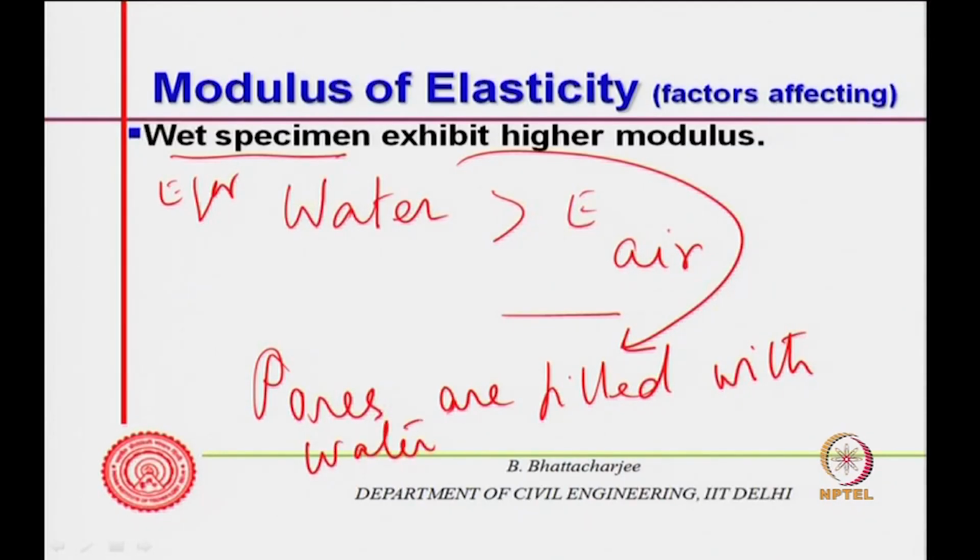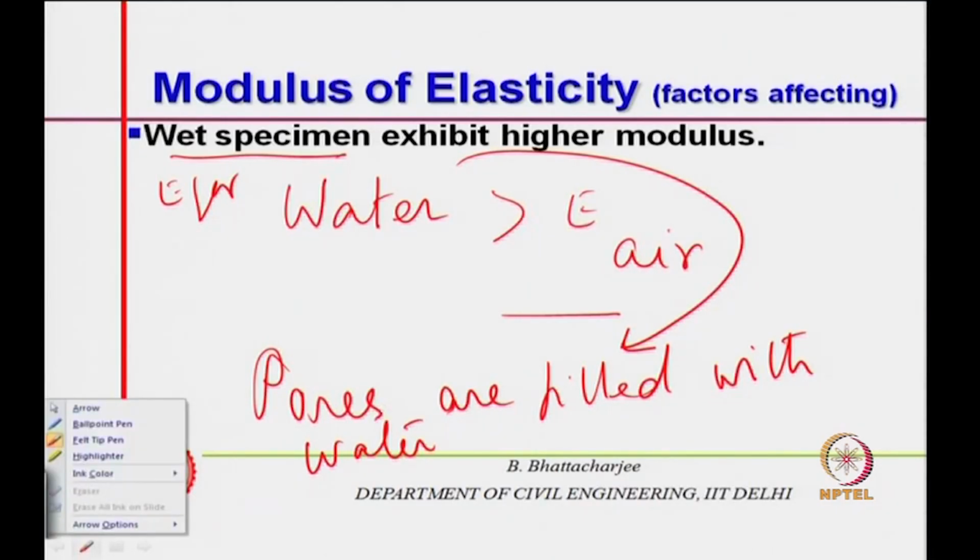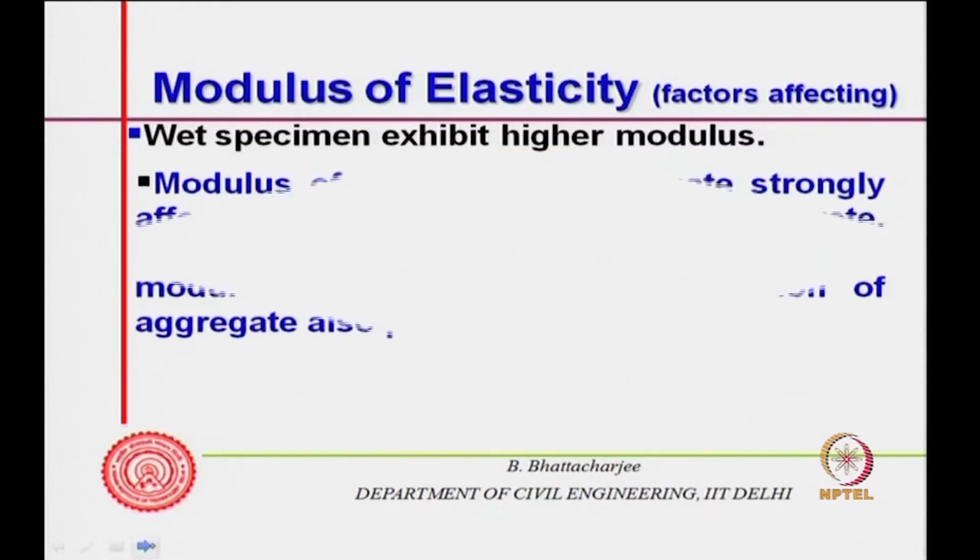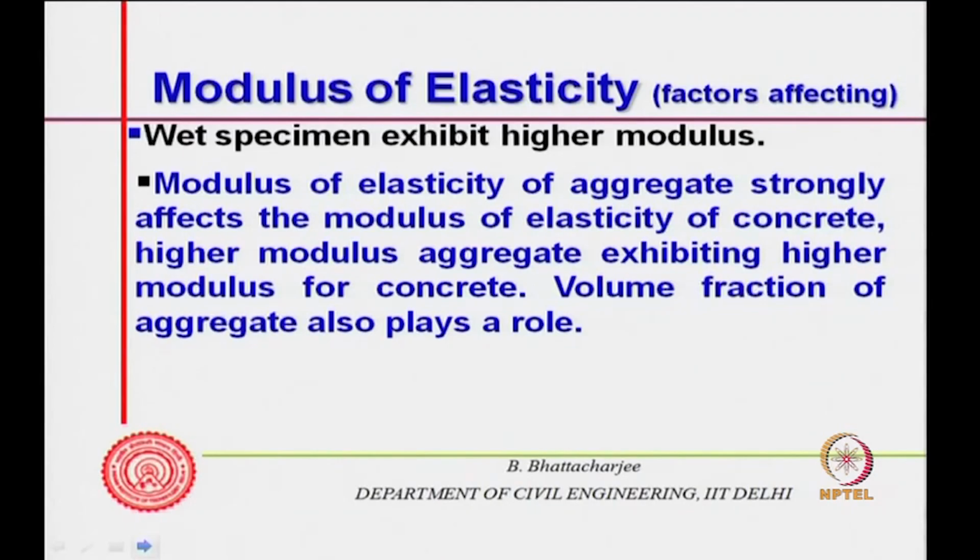They replace the air. So, therefore, modulus of elasticity is likely to be higher, because now the pores are filled up with water instead of air. Modulus of elasticity of aggregate strongly affects the modulus of elasticity of concrete.